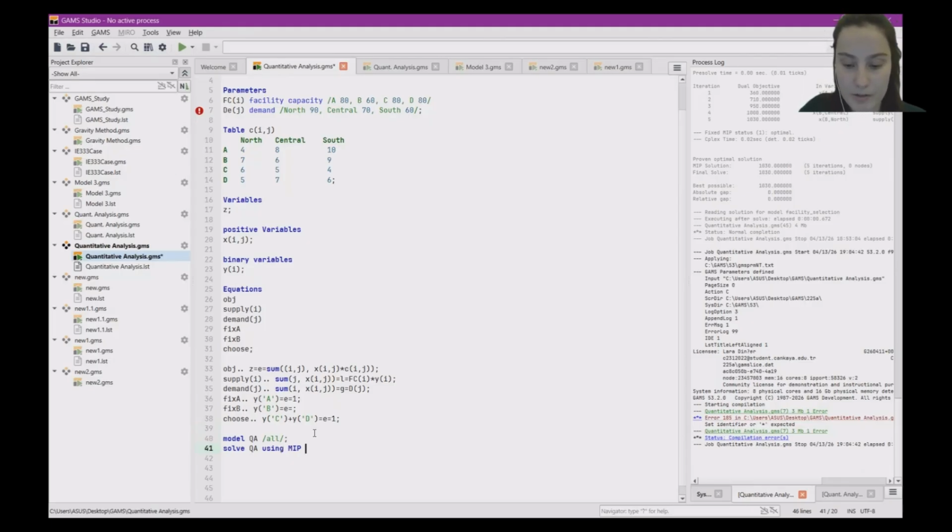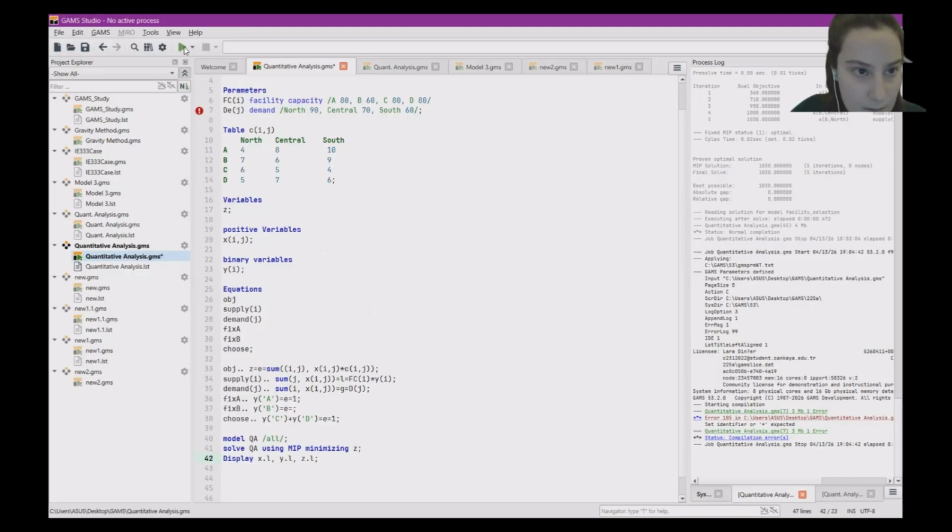And then what are we doing? We are minimizing Z. So what do I want to see? I write here display. I want to see X, level of X, level of Y, and I also want to see Z.